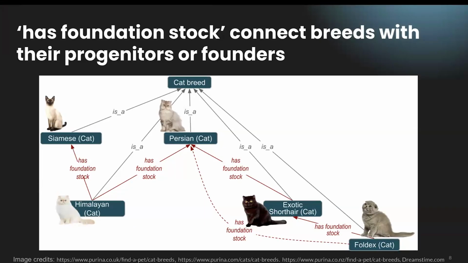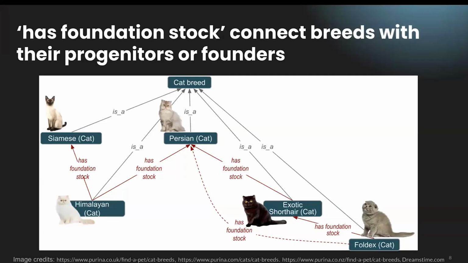So the breeds are connected with the progenitor breed or the founder breed by using a relation called has foundation stock. For example, here on the lower left corner of your screen, the Himalayan cat has two foundation stocks, a Siamese cat and a Persian cat, and this relation can be inferred from parents to grandparents.